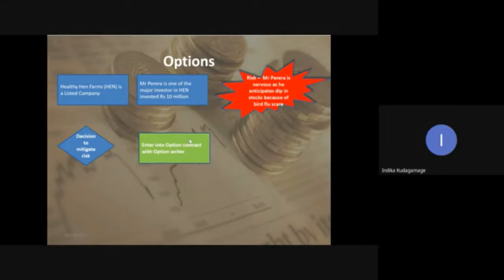Under swaps, what we do is exchange the cash flows. I pay your cash flow and you pay my cash flow. We exchange the different cash flows. Then we come to options. It is a right to execute.